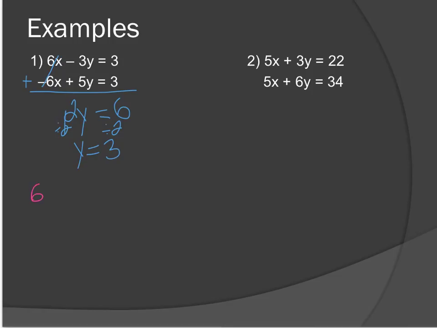So the first equation said 6x minus 3 times y, and we found that y is 3, equals 3. And then solve for x. So 6x minus 9 equals 3. Add 9 to both sides. So 6x equals 12. Divide by 6, we get x equals 2. So my solution here is (2, 3).